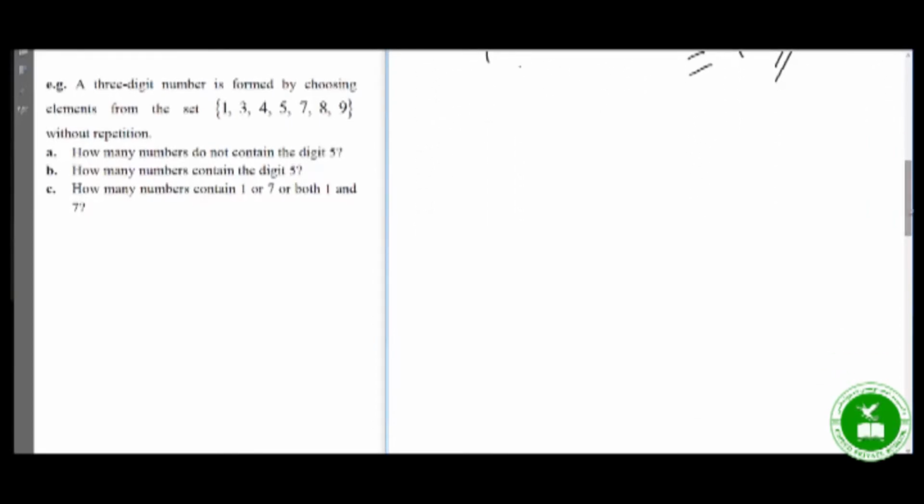Case C, how many numbers contain 1 or 7 or both 1 and 7? Again, we do the same thing we used in case B. We find the total number of 3-digit numbers and then subtract the numbers which do not contain 1 or 7, or exclude 1 or 7.